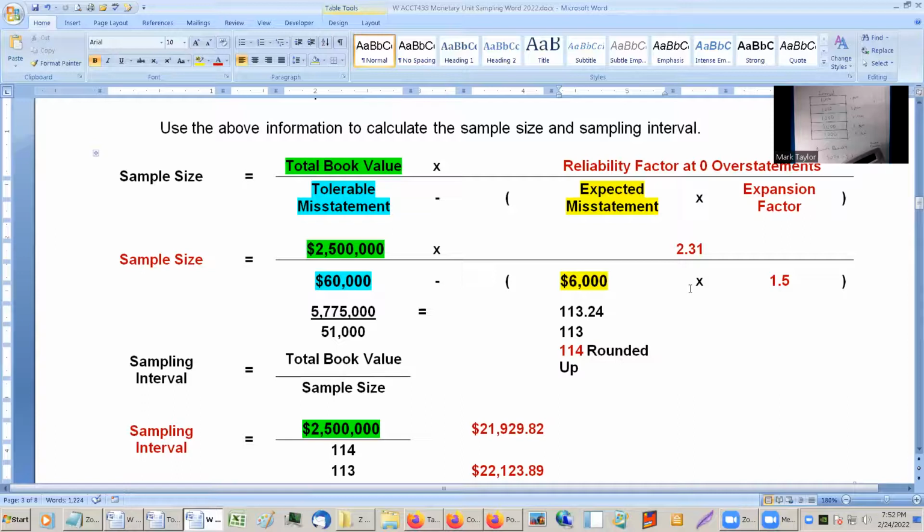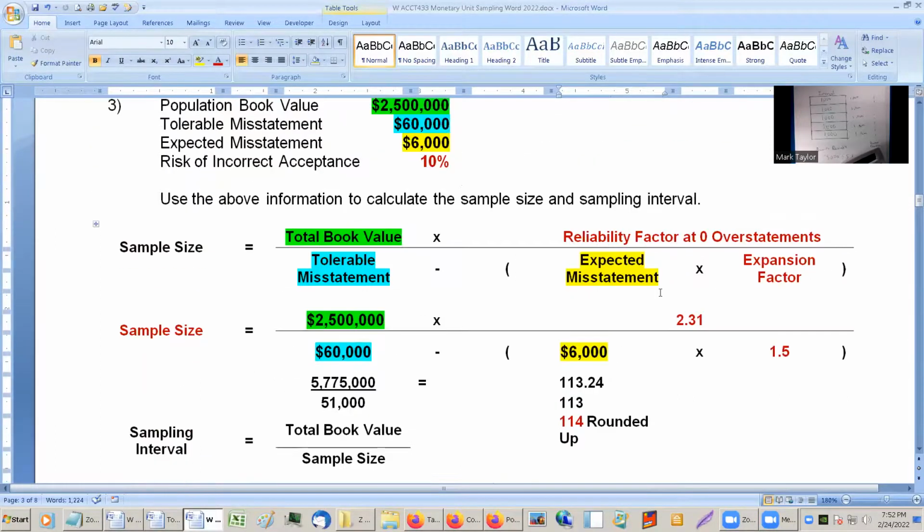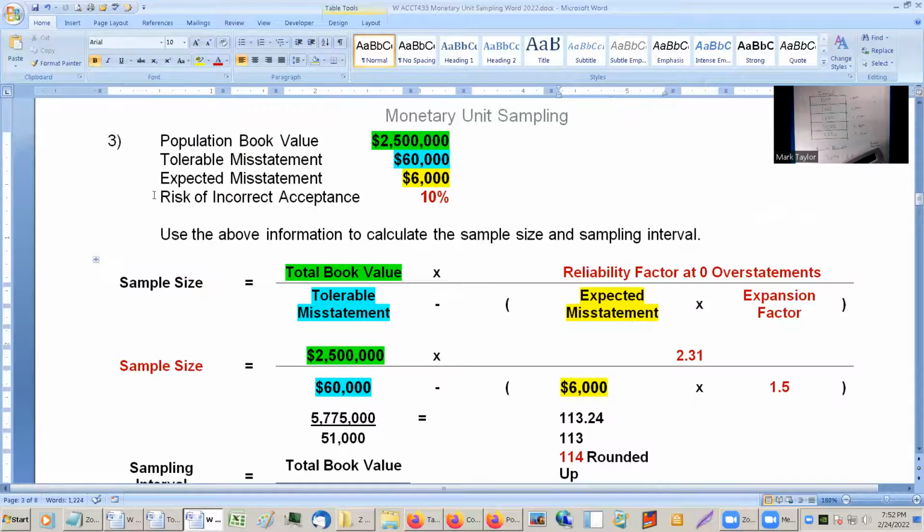Who determines the risk of incorrect acceptance? Sorry, that's an excellent question. This is judgment. Wait a minute.